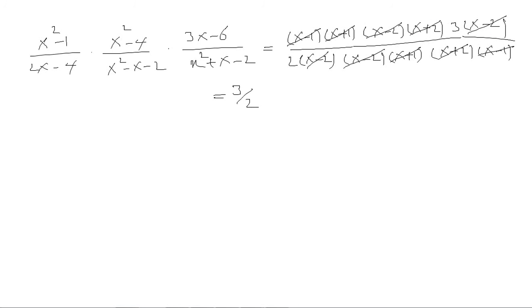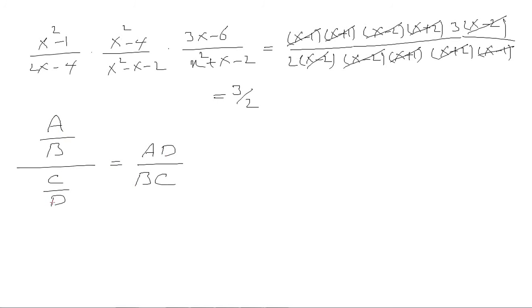Okay, you may have a division in the form of a complex fraction, like a over b over c over d. So if you have a complex fraction like this, this is ad over bc.